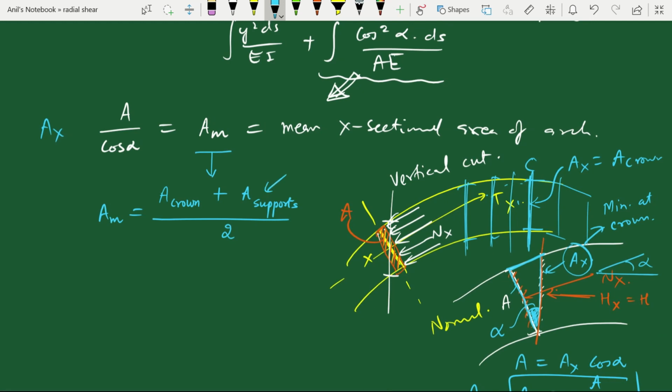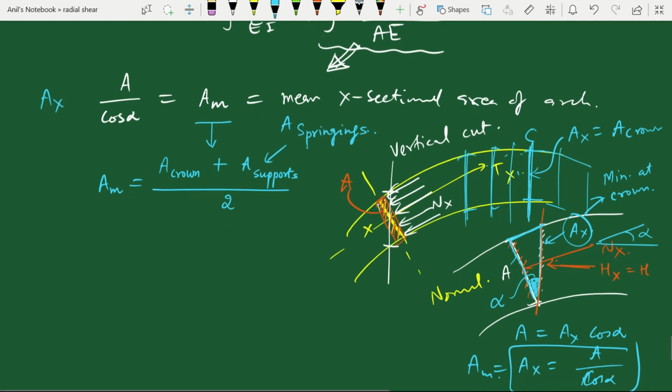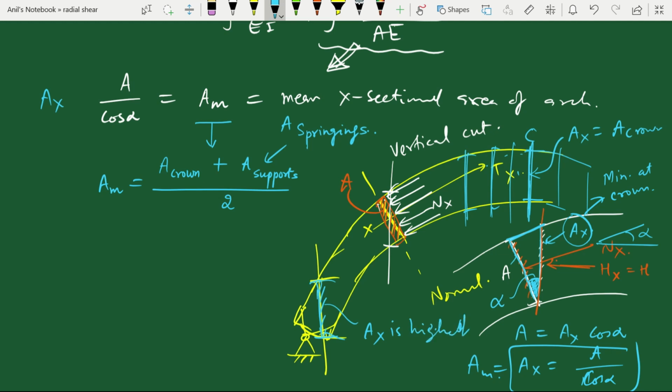This is also called the area at the springings, that is the supports. So wherever the support is, we can of course have a vertical cut at the support, and this area is obtained here, which will be highest. So AX is highest here. So minimum at the crown and maximum at the supports. So we take the mean of the two.